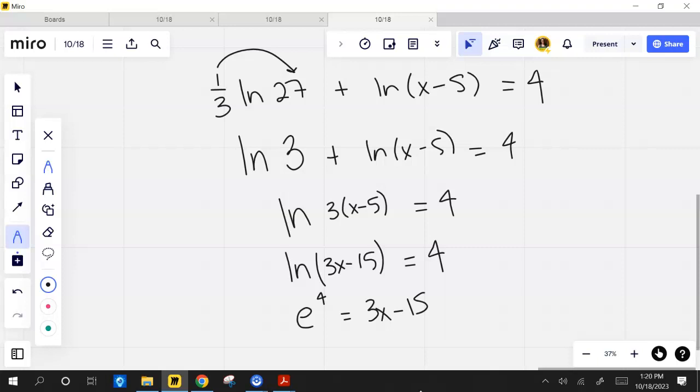Second LN, I think is what it is. No, that doesn't work.